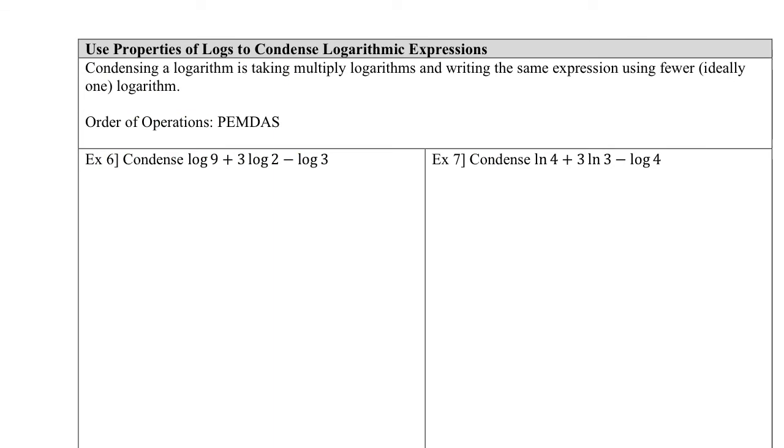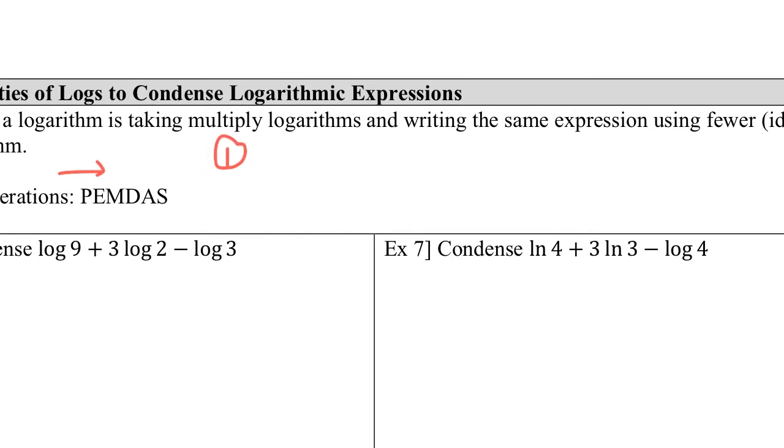Let's talk about condensing logarithms. So now we're going the other way. We're going to take multiple logs and write them in a single log. So this time we're going to be following the order of operations the correct direction. So first thing I need to simplify, or the rule I need to use first, is the exponent rule, if I have it.